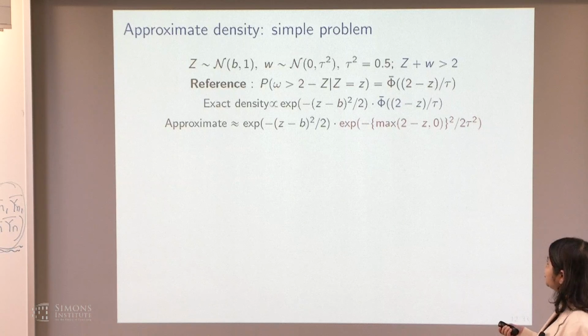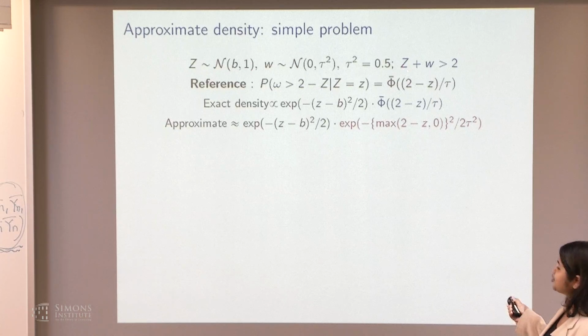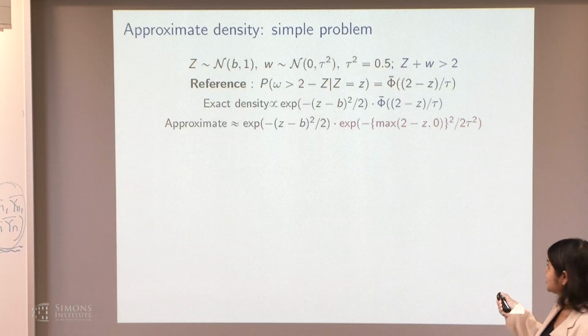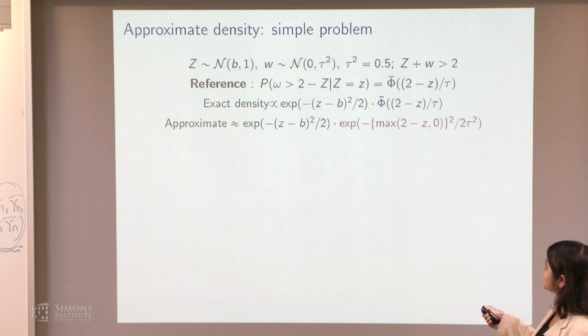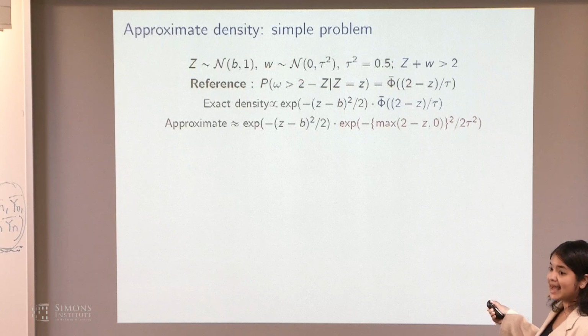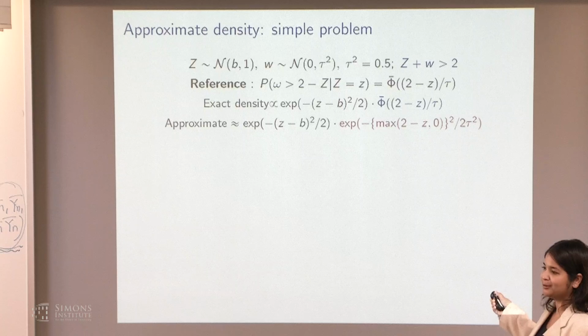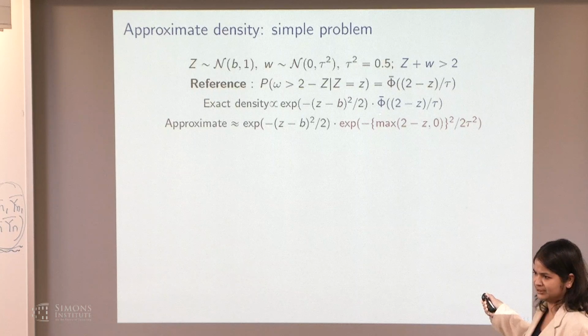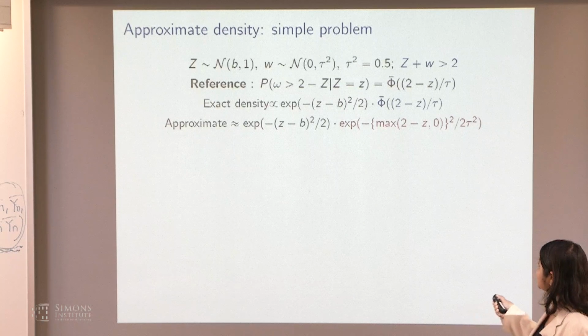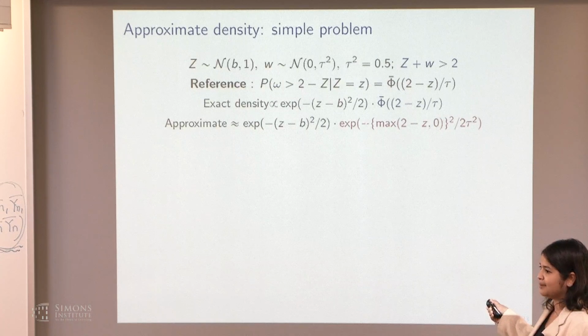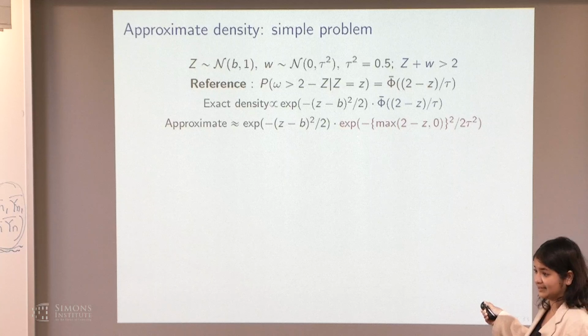Now to show you a simple example where we have a univariate Gaussian, which is say mean B, and we have this thresholding event where I look at a randomized version of the thresholding event. So in this case, I can compute the exact reference measure, right? It's just a Gaussian tail. In the simple problem, I know what the exact selection probability is. So this is the exact randomization density, which I can afford to compute in the simple example, but not for general selection rules like LASSO.